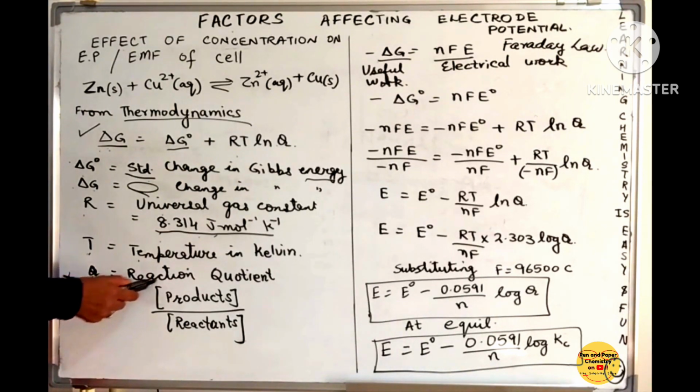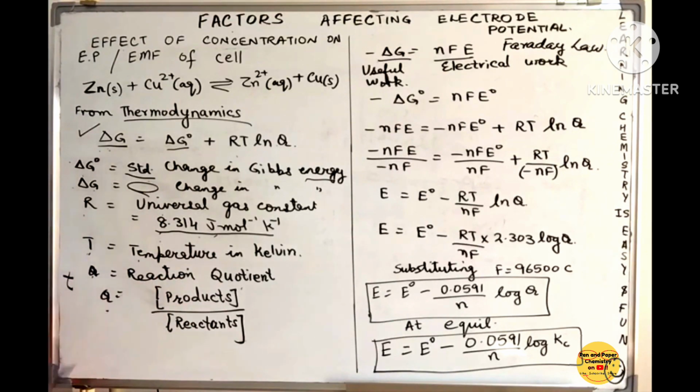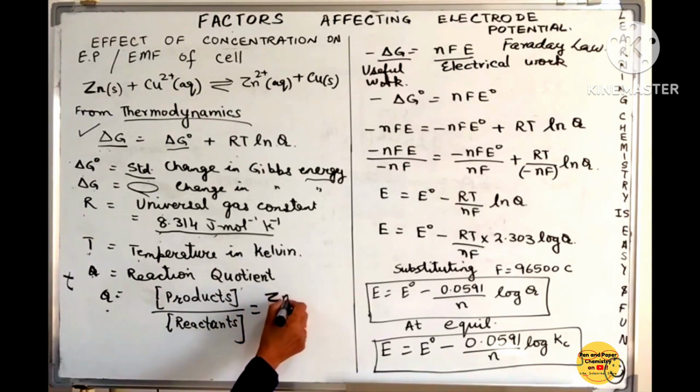Q is the reaction quotient. What is the reaction quotient? It is the ratio of the concentration of the products raised to their coefficients divided by those of the reactants raised to their coefficients. For example, in this equation that I have taken, the product is the zinc ion.